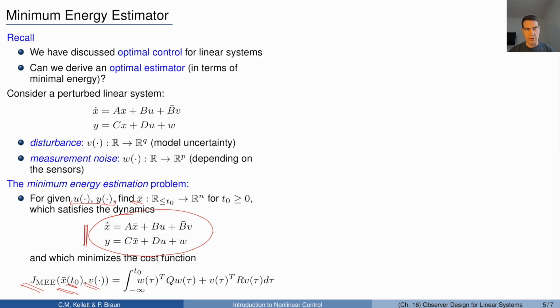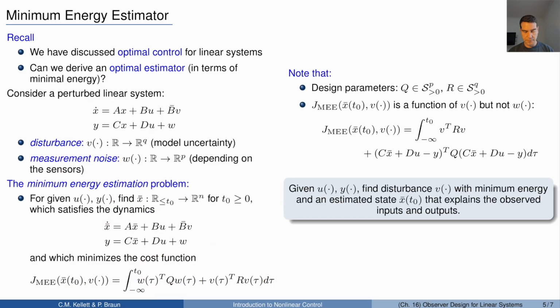But other than that, the objective function here is pretty similar to the case of the linear quadratic regulator, where we try to minimize now the effect of the disturbance and the effect of the noise over the horizon from -infinity to the current time t. Here Q and R are design parameters which need to be defined as positive definite matrices.